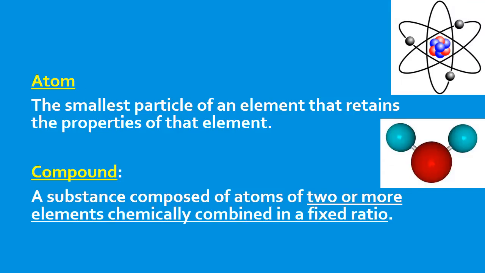So an atom is the smallest particle of an element that retains the properties of that element, whereas a compound is composed of atoms of two or more elements chemically combined in a fixed ratio. So that's why we can break down compounds into simpler substances, but an element cannot be broken down into simpler substances because they're only made up of one type of atoms.